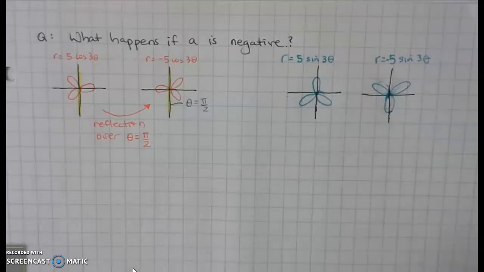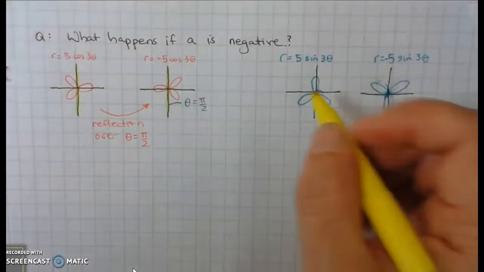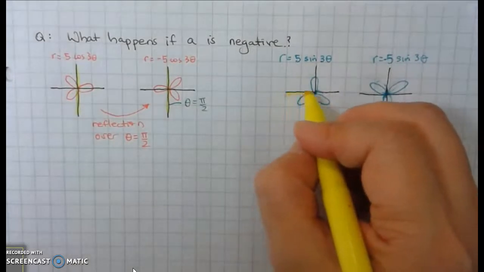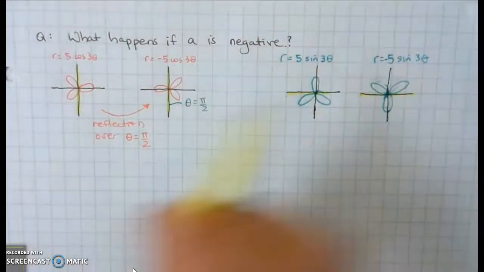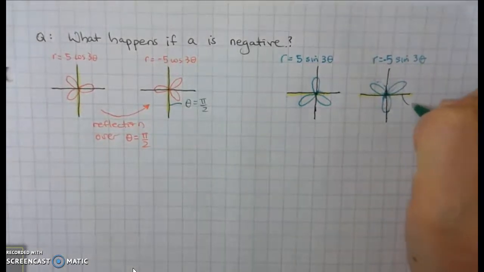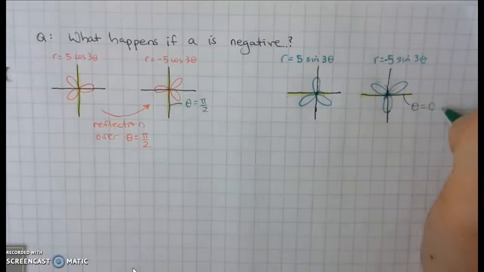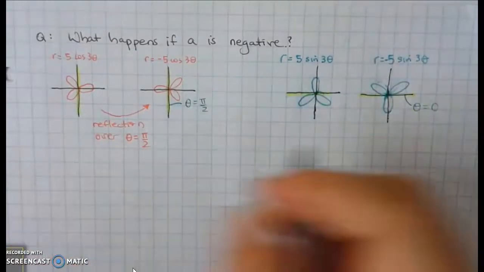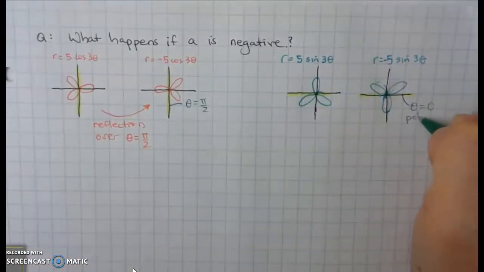Whereas if I did the same thing with the sine curve, it's as if I have reflected over the horizontal axis. And what is the horizontal line? This is where theta is equal to 0 degrees or 0 radians, or we also call that the polar axis.